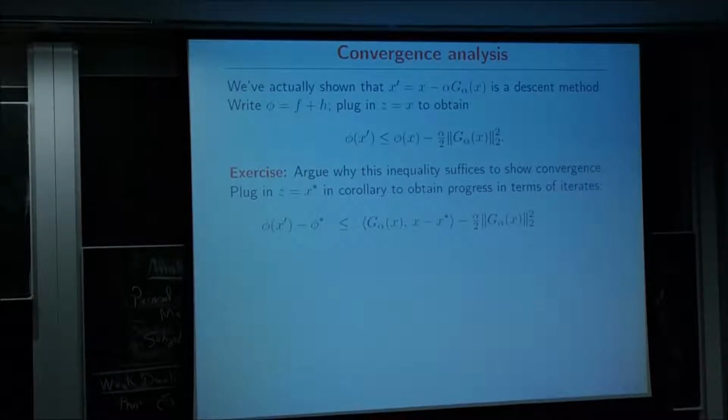Now we'll see an important technique which people use in various disguises now and then when trying to analyze speed of convergence. We have managed to see how far phi of x prime is from the optimum.